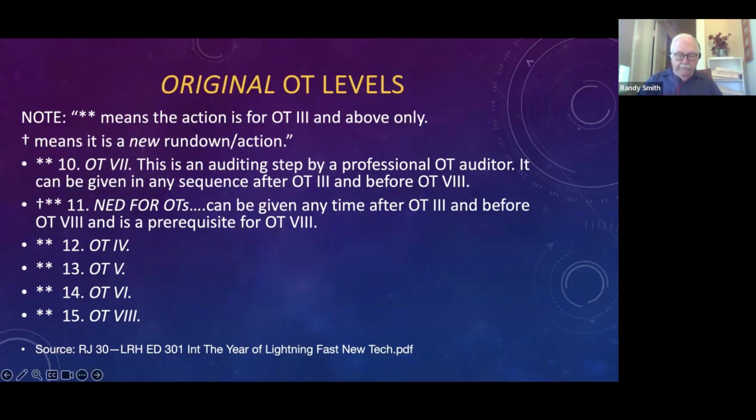The original OT levels 1, 2, and 3 have been essentially unchanged since about 1969. We still deliver those essentially the same way. But before LRH discovered NED for OTs in 1978, there were what we now call the original OT levels. They're listed on the screen as number 12, 13, 14, and 15: OT 4, 5, 6, and there was actually a 7 mentioned up there under number 10.